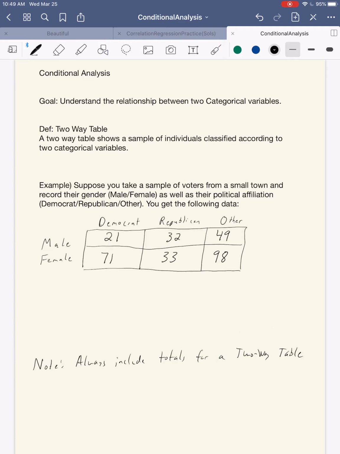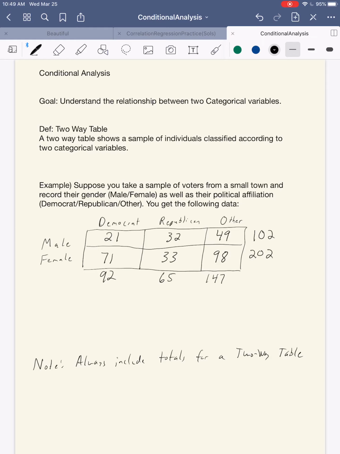So let's go ahead and get the row totals first. So we'll take 21 plus 32 plus 49, and looks like we should get 102 here. And then 71 plus 33 plus 98, looks like we should get 202 there. Then we can do the column totals, 21 and 71, and we can get 92 right there. 32 and 33, we should get 65, and then 49 and 98, we should get 147.